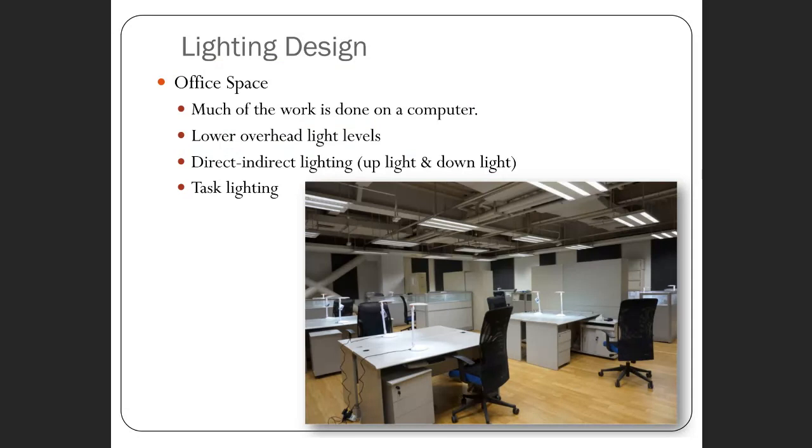So in the modern office, much of the work is done on a computer. What we found is, especially now with modern screen displays, that less light is actually better, allowing us to see what's on our screen better. So we want to have lower overhead lighting levels, having some direct and indirect lighting and some task lighting as well.